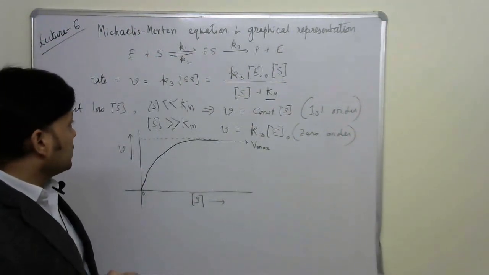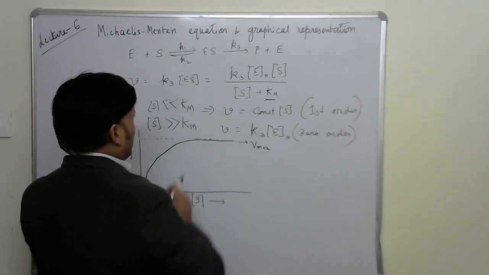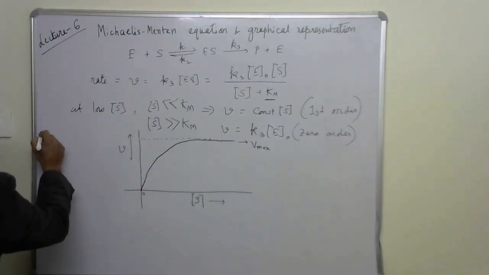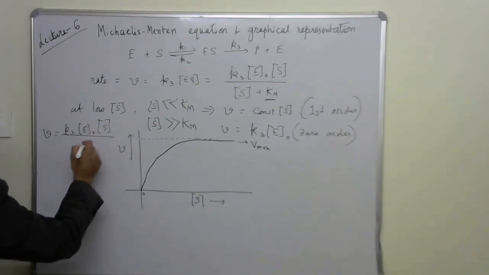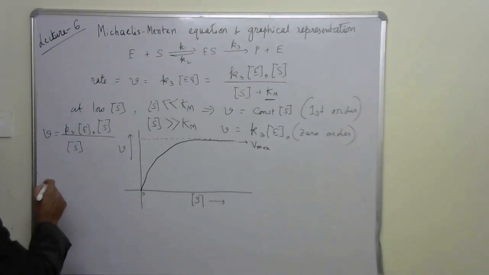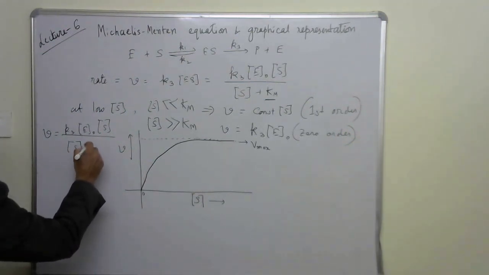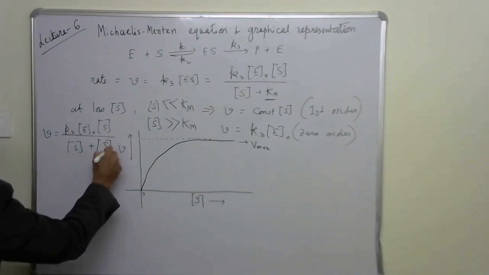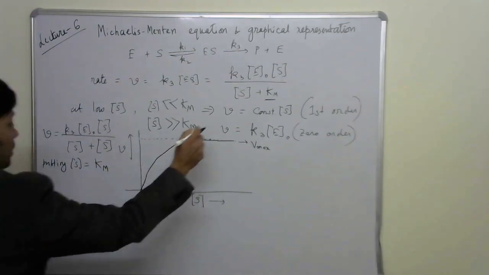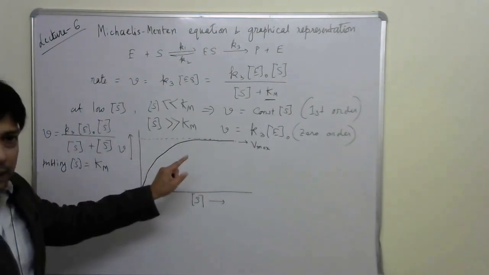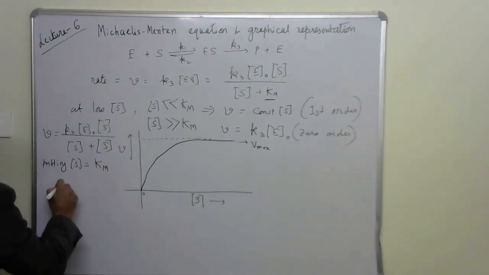If we look at this equation and put S equal to Km, we write V equal to K3 E naught multiplied by S divided by S plus Km. So I put S equal to Km, replacing the value of the Michaelis constant with the substrate concentration S, and we get an equation like this, which reduces further.